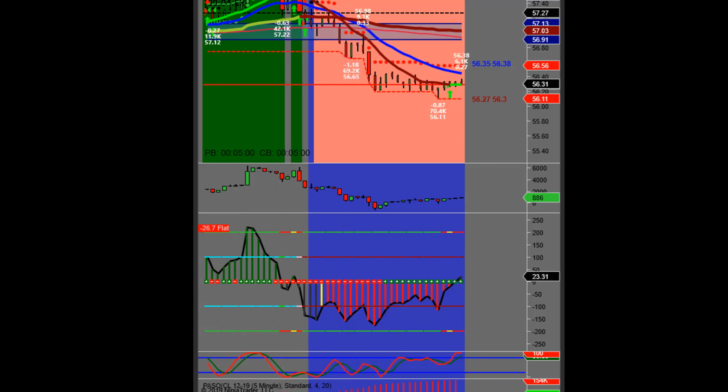Doesn't look like it's gonna follow through, so just gonna scratch this trade and call it a day if it doesn't follow through. We'll pause and come back. Okay, so far the low of the day held.